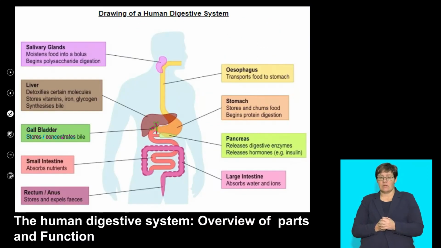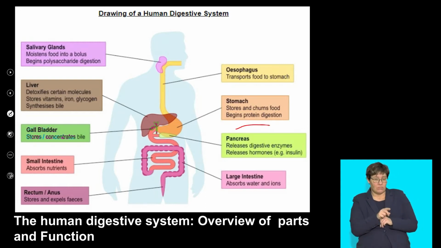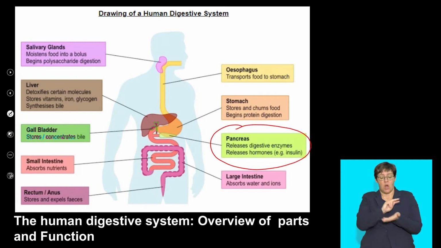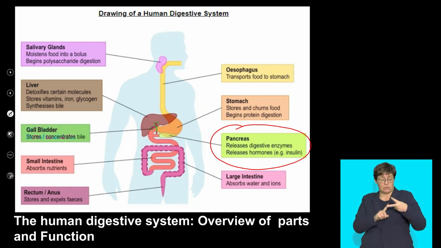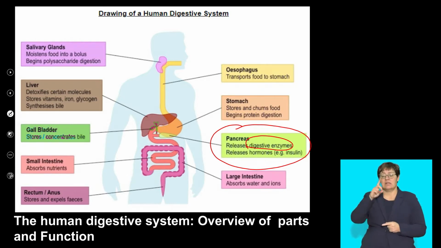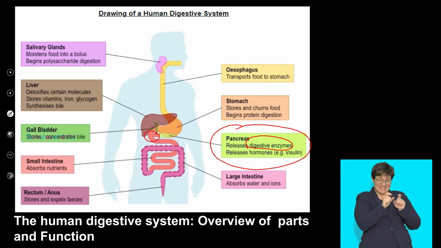So as an overview, guys, remember that we're focusing on homeostasis and the role of the pancreas. The pancreas has two important roles. One is that it produces digestive enzymes, and these enzymes are released into the duodenum, which is the first part of the small intestine, and those enzymes play an important role in chemical digestion.